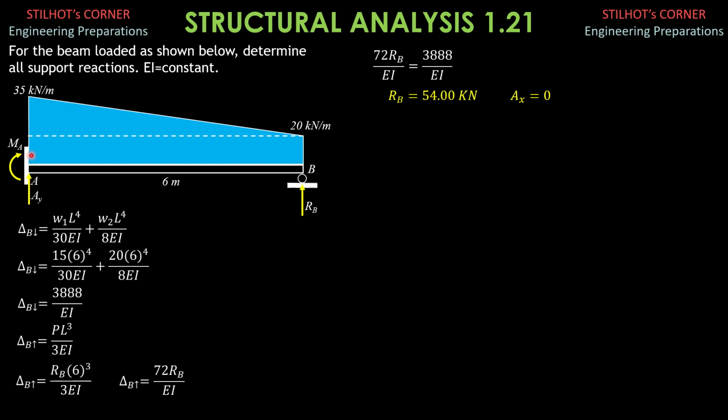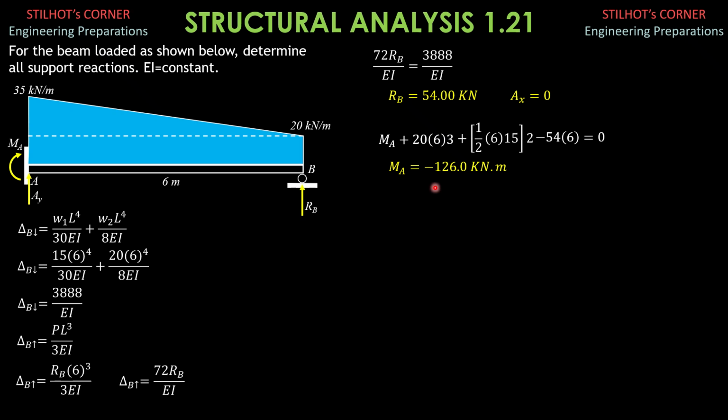So MA plus moment due to the uniform loading, 20 times 6 times 3, plus 1/2 of 6 times 15 times 2. 1/3 of 6 is 2, the moment arm. Then minus RB, which is 54 times 6, equals 0. So solving for MA is negative 126 kilonewton meters. So it should be counterclockwise.